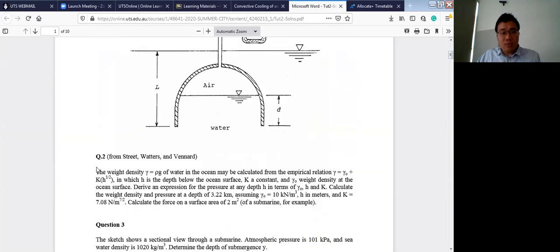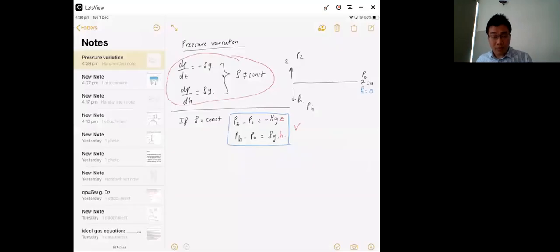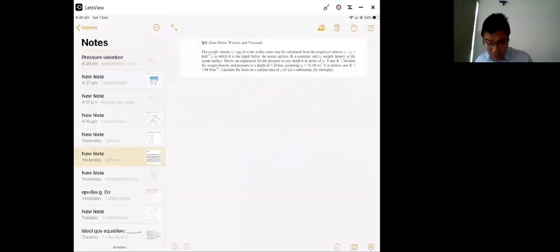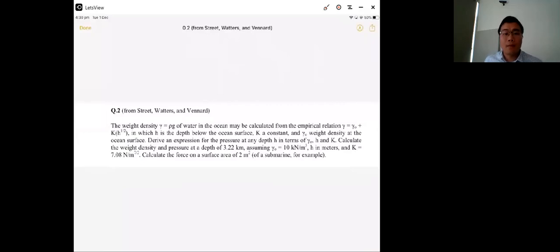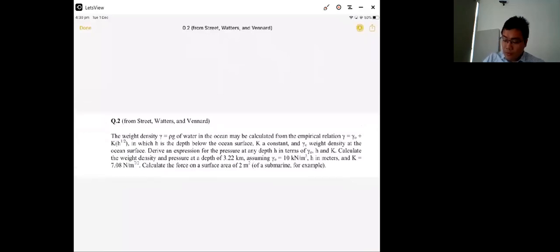So we will work with question 2, when the density is not constant. In question 2, you have to find the weight density gamma equal to rho g.